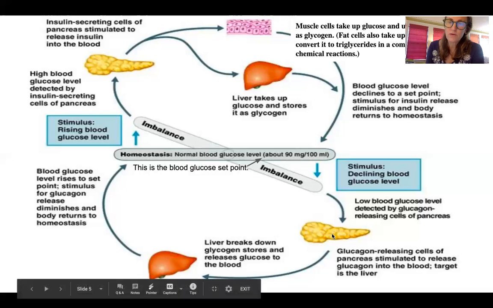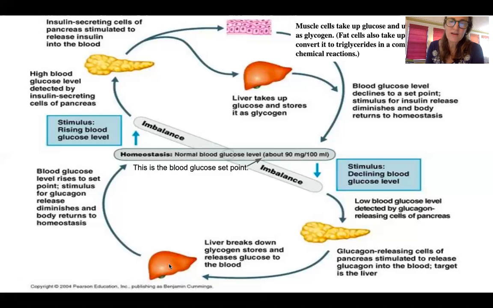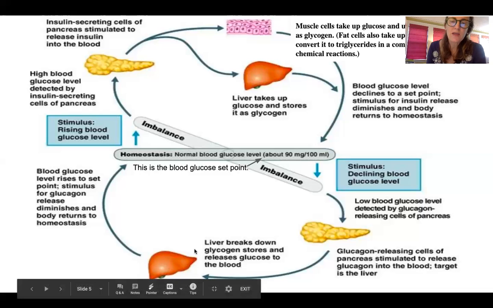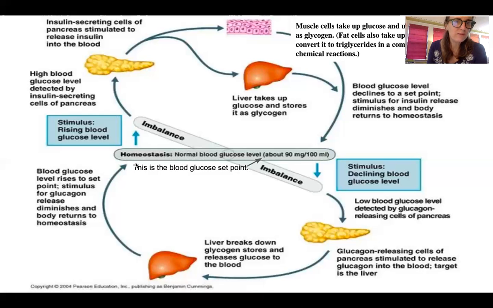Glucagon hormone travels to the liver, its primary target organ, and causes the liver to break down glycogen in a degradation hydrolysis reaction and release those glucose monomers into the blood, causing blood glucose levels to rise back to the set point.